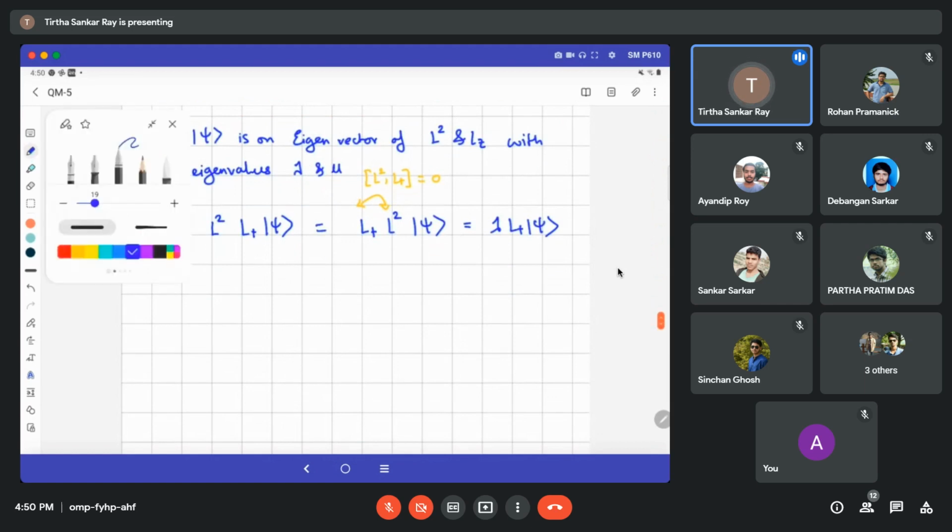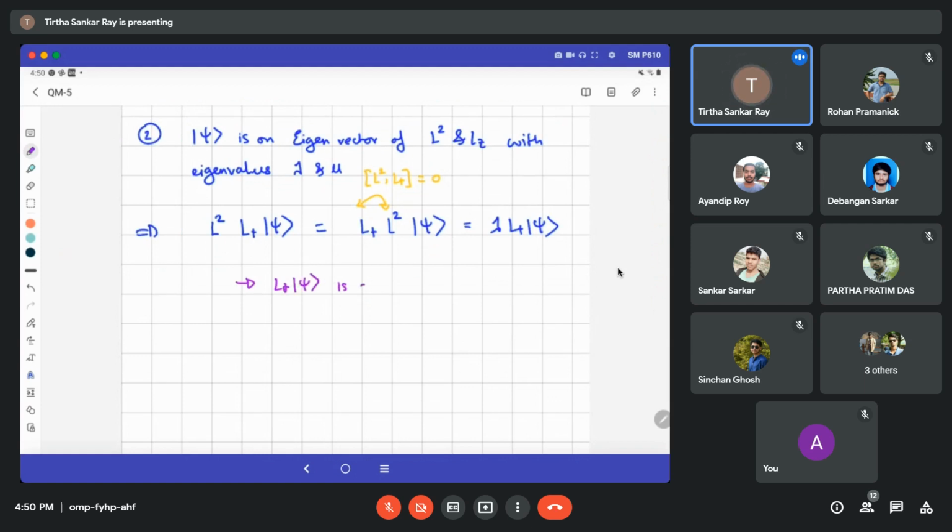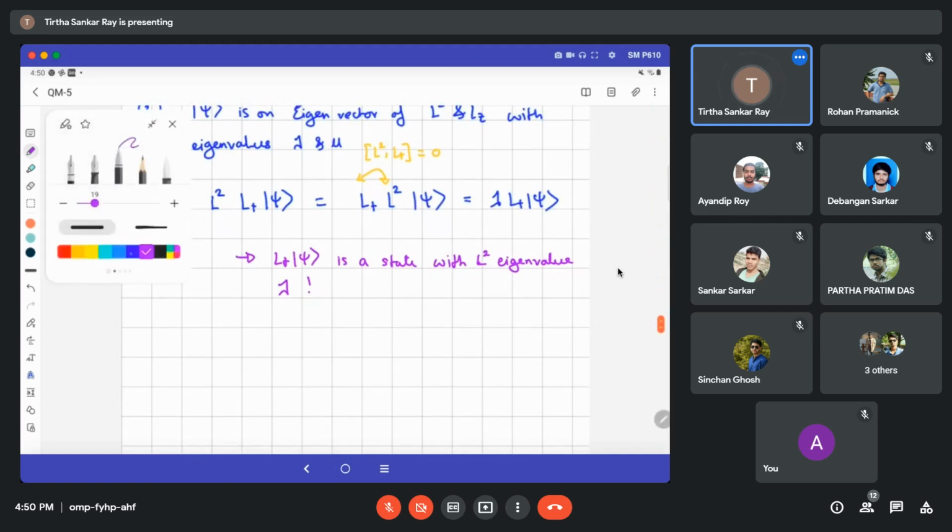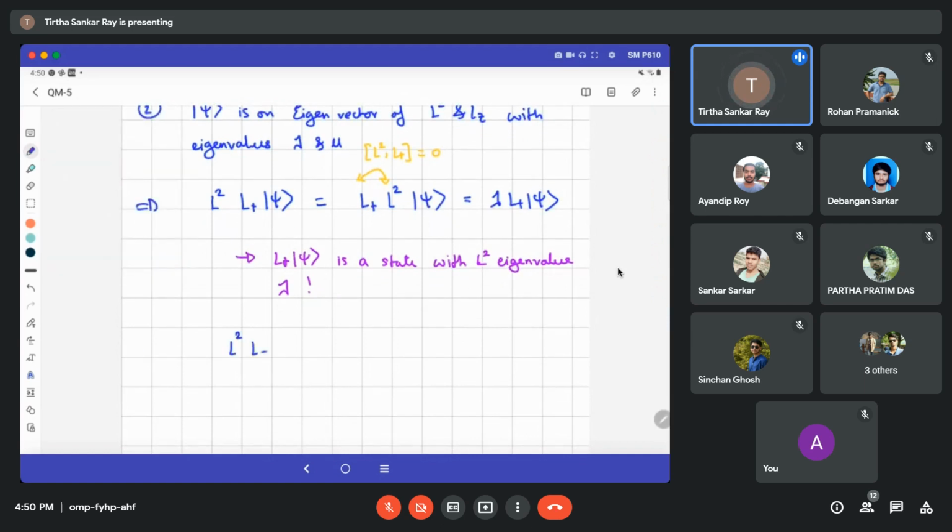So the conclusion we should draw from here is that L plus psi is a state with L square eigenvalue lambda. So psi was an eigenvector of L square with eigenvalue lambda, then L plus psi is also an eigenvector of L square with eigenvalue lambda. And I hope I don't need to convince you that if you do the same thing, L square with L minus psi, you will find that this is just L minus L square psi, which is equal to lambda L minus psi.